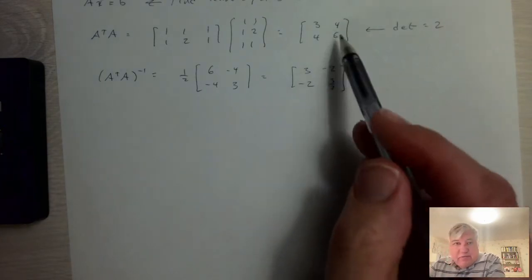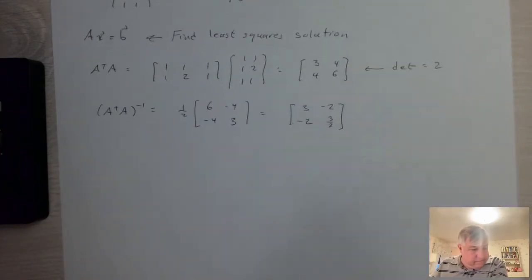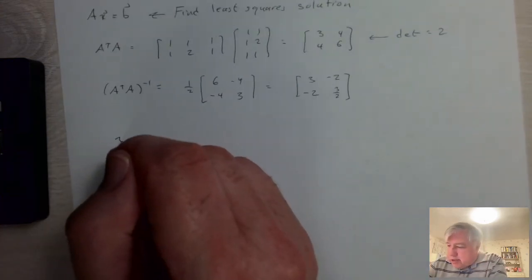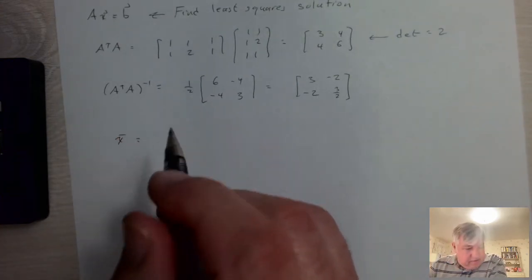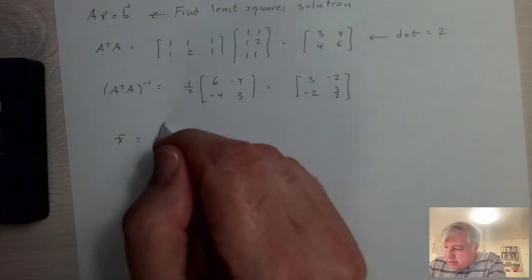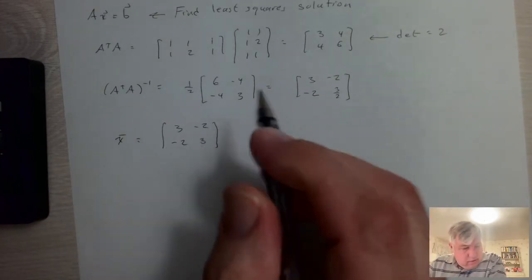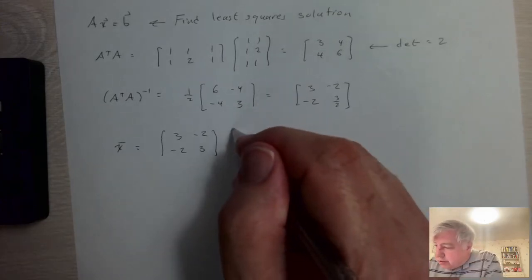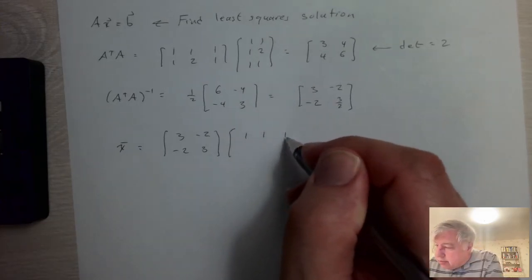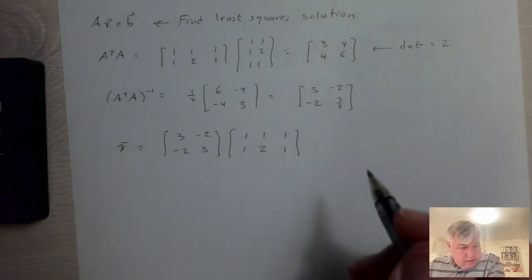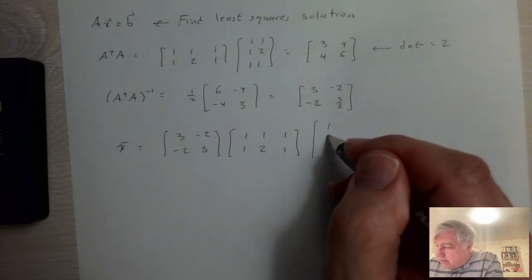If you multiply these two matrices, you get the identity. So our least square solution X is going to be this inverse times A transpose times the vector 1, 3, 5.